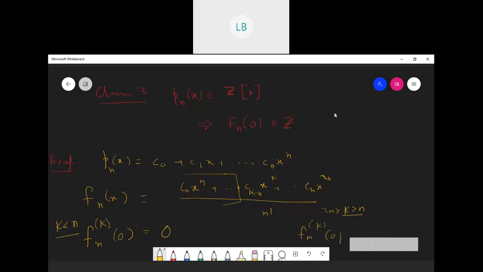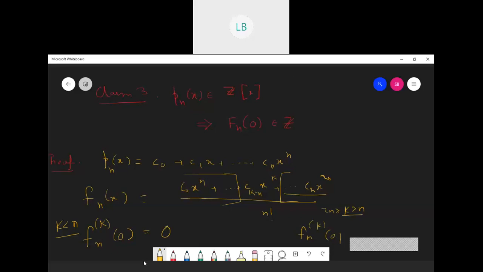And again, for the terms above it, this is the same logic as the previous one. For all the terms above this x power k, there will be some positive power of x remaining there. And now when you calculate the value at x equal to 0, this x equal to 0 will make all such terms 0, because all have some power of x.